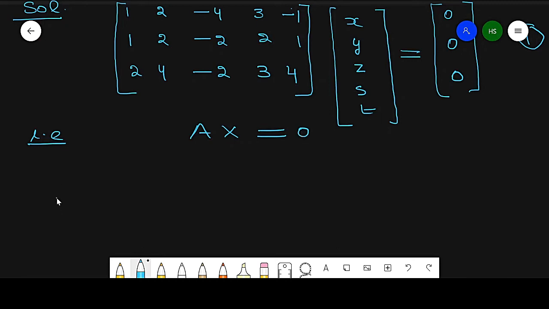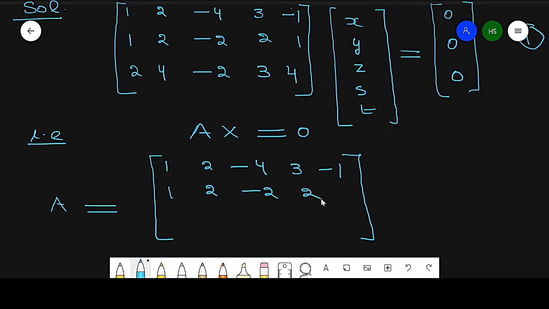Now here A is the matrix 1, 2, minus 4, 3, minus 1; 1, 2, minus 2, 2, 1; and 2, 4, minus 2, 3 and 4.